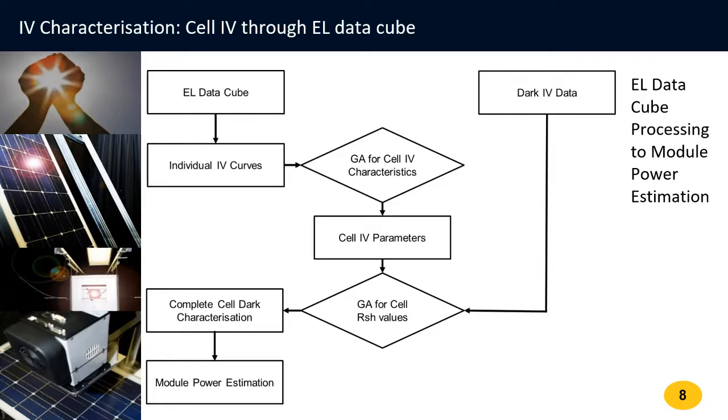That's why I added an additional genetic algorithm, or parameter extraction algorithm, to determine cell resistance values using those combined IV parameters that I determined before with the dark IV data of the complete module. And this allows for complete cell dark characterization, which you can then use to estimate module power.